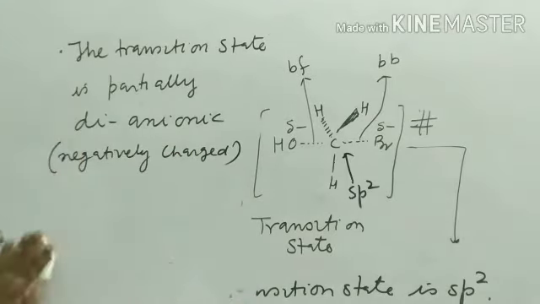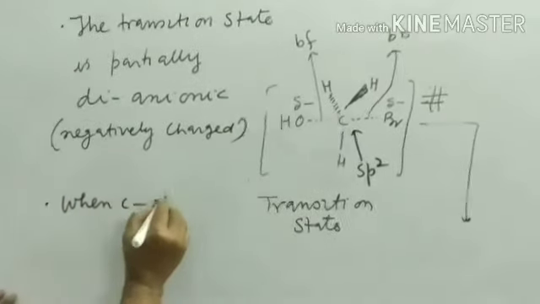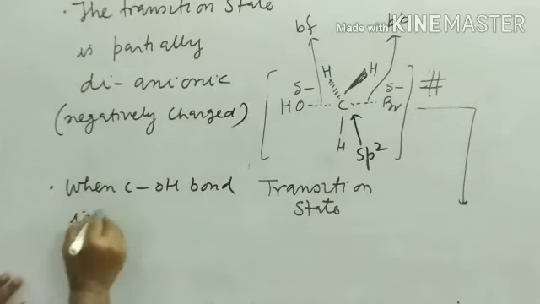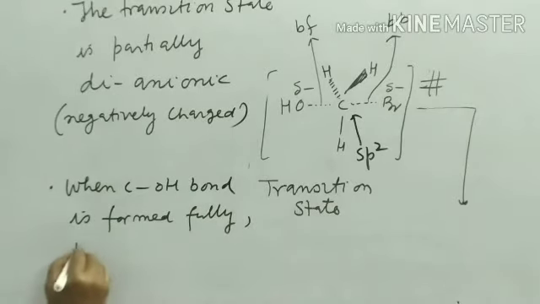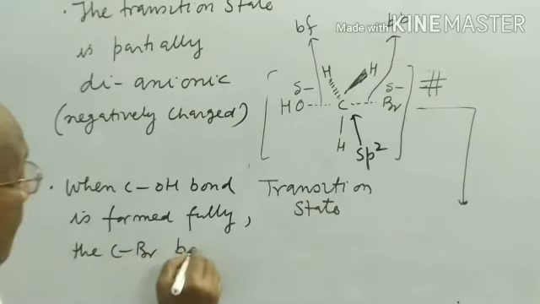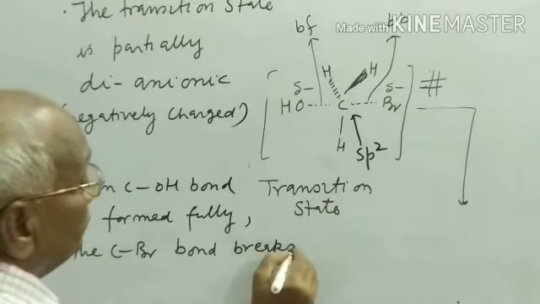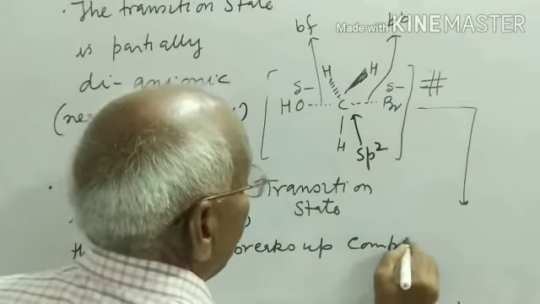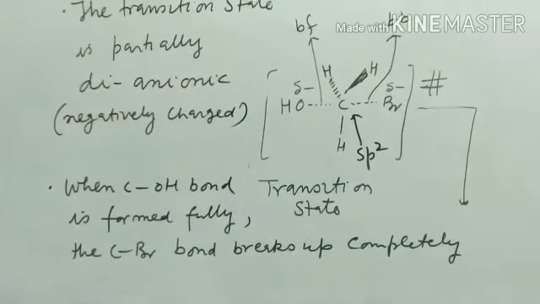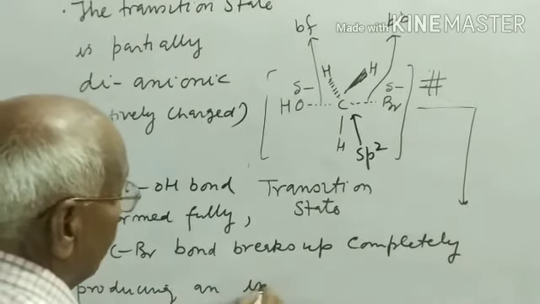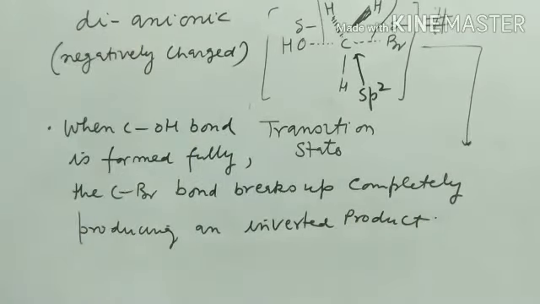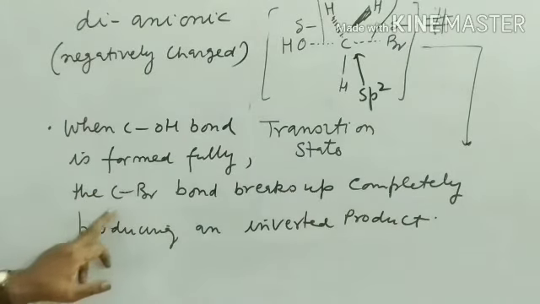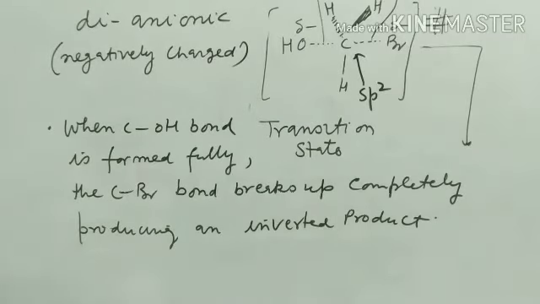When the C-OH bond is formed fully, the C-Br bond breaks up completely, producing an inverted product, as already mentioned.